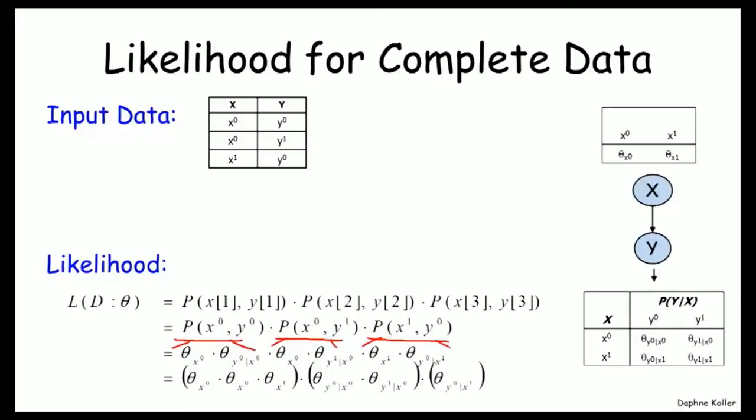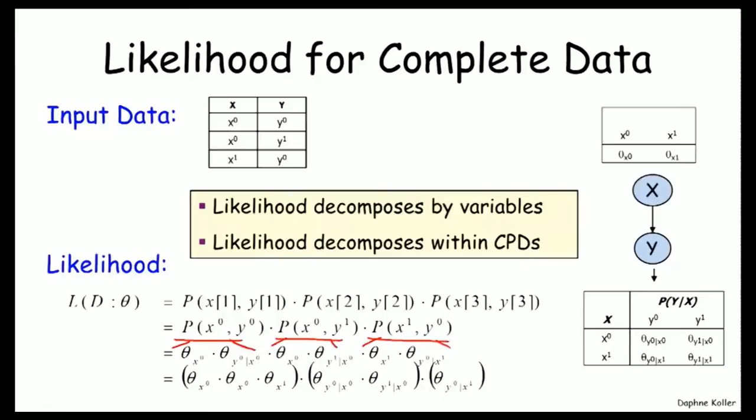And the point is, this ends up being a nice decomposable function of the parameters, in terms of a product, which when we take the log ends up being a sum. So the likelihood decomposes by variables, and it decomposes within the CPD.